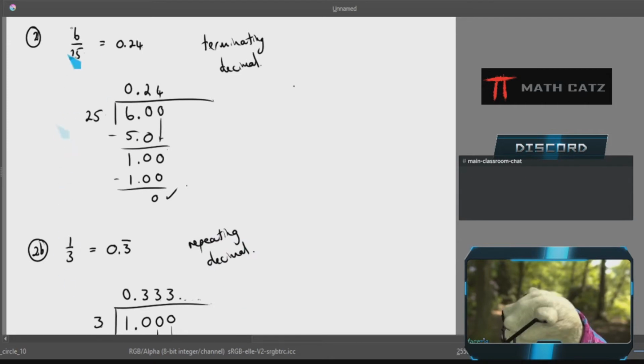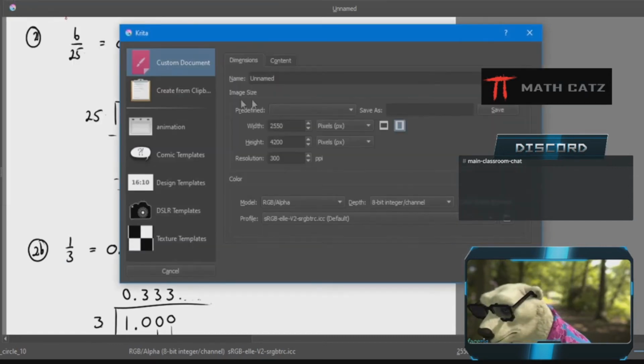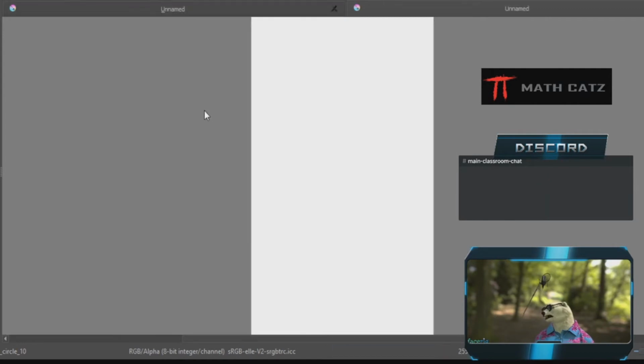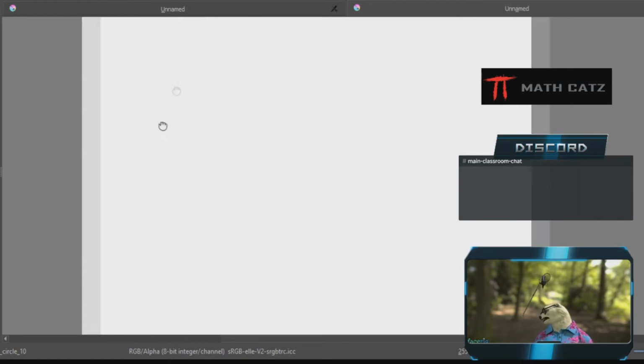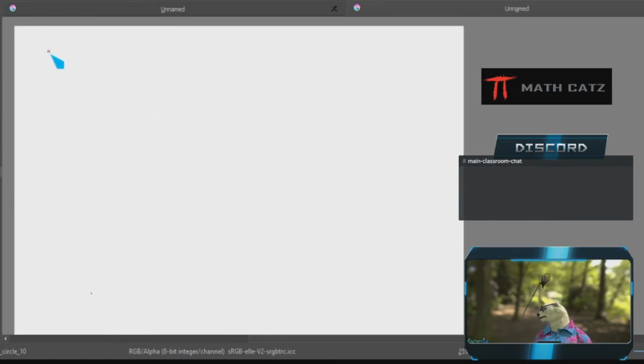They're both fractions, but really it depends on what the numerator and denominator are. Could result in a terminating decimal, could result in a repeating decimal. But luckily we only get those two. Let's just do one more.